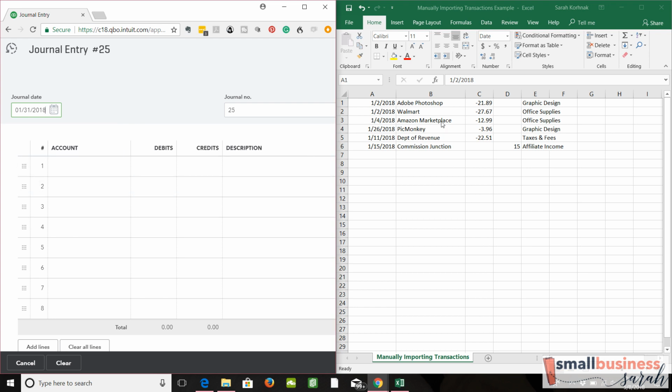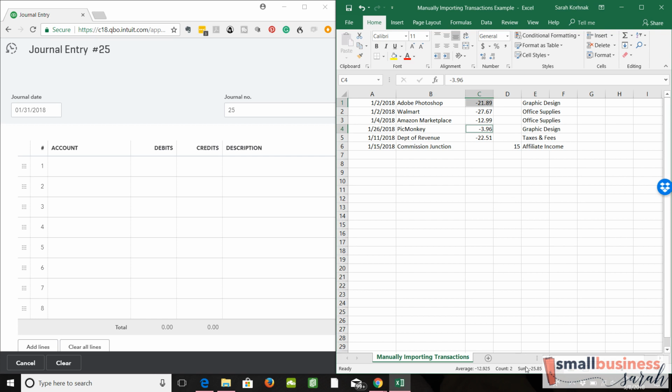So what we're going to do, instead of doing each item, I am going to group some of these because the expenses are the same. So if I take this graphic design amount, there we go.